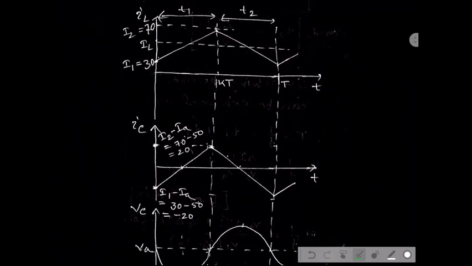Okay, just as we know the inductor current IL equals IC plus IA. IA means the average output current and IC equals the average capacitor current. So from this, suppose we assume two numerical values, that is IA equal to 30 ampere and I1 equal to 30 ampere and I2 equal to 70 ampere. That means what?